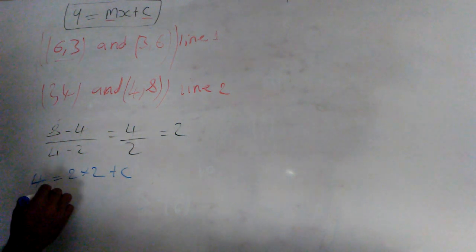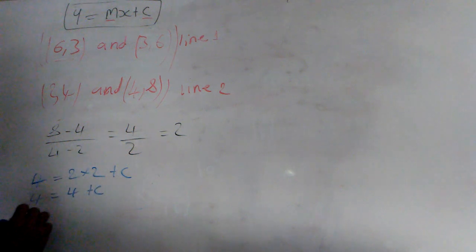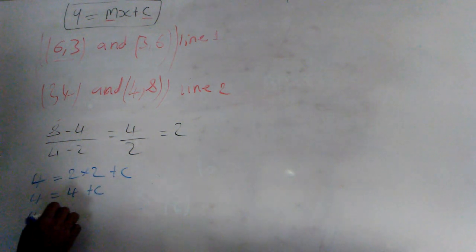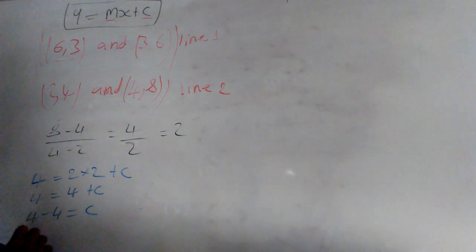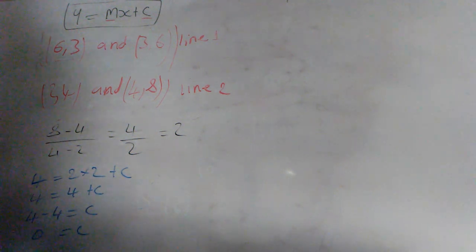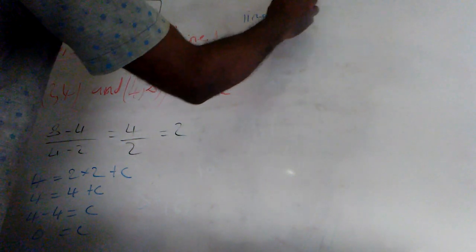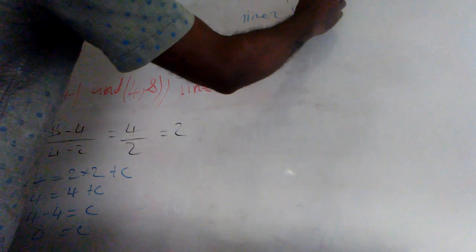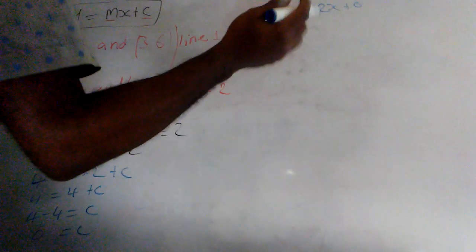So 4 equal 4 plus c. 4 minus 4 equal c. So 0 will be equal to c there. So for line 2, we'll have y equal 2x plus 0, or just y equal 2x.